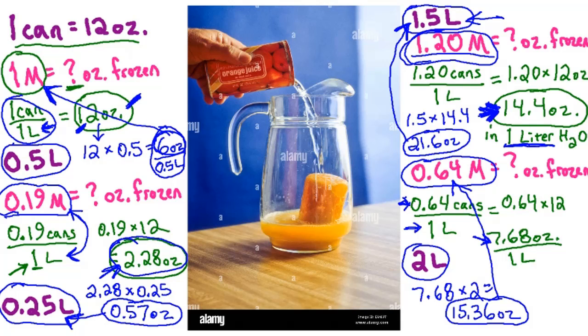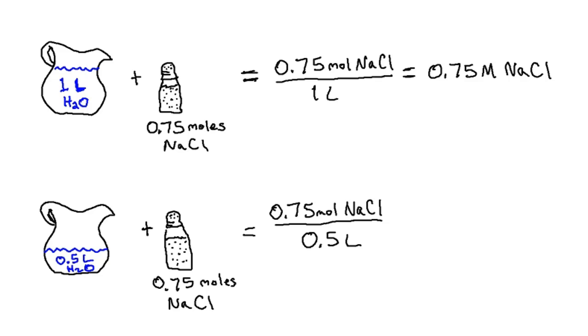Okay, so let's turn our attention to salt water instead of orange juice. And up here on the first example, we have a picture of 1 liter of water, and then here's my salt shaker right here. This is supposed to be table salt. And table salt is, as we know, NaCl, sodium chloride.